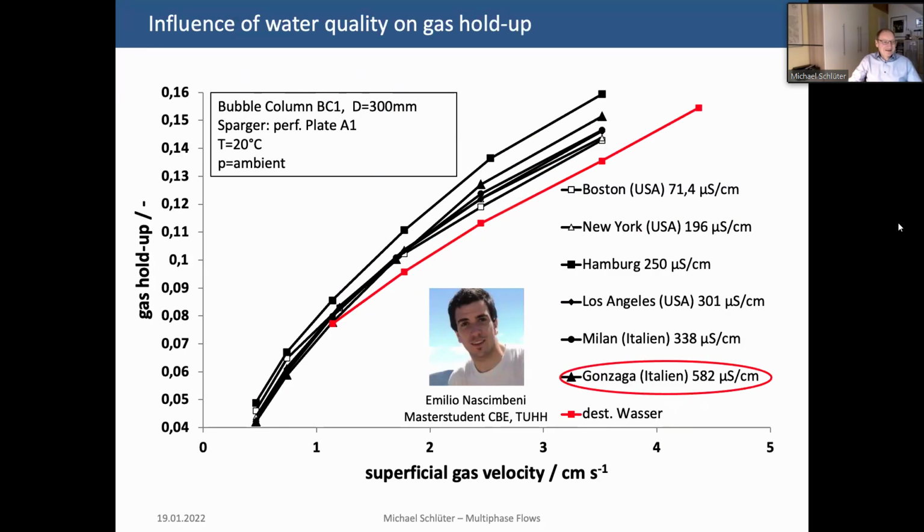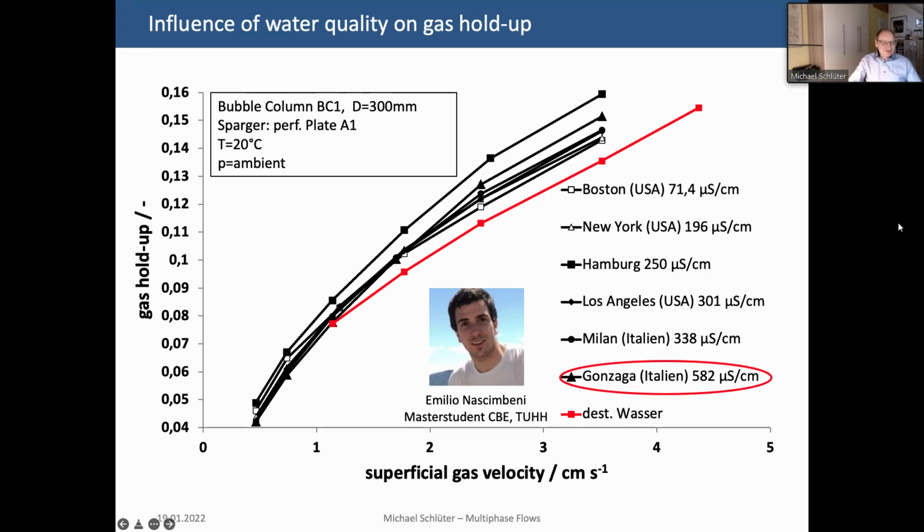And another example comes from one of our international master students here, Emilio Nasembesini, from Gonzaga in Italy. He was at our institute and wanted to do a project work, and he did some gas hold up measurements always in the same bubble column, but with different water.